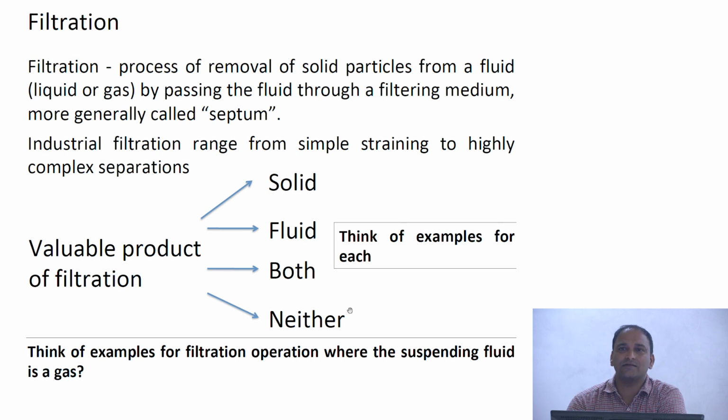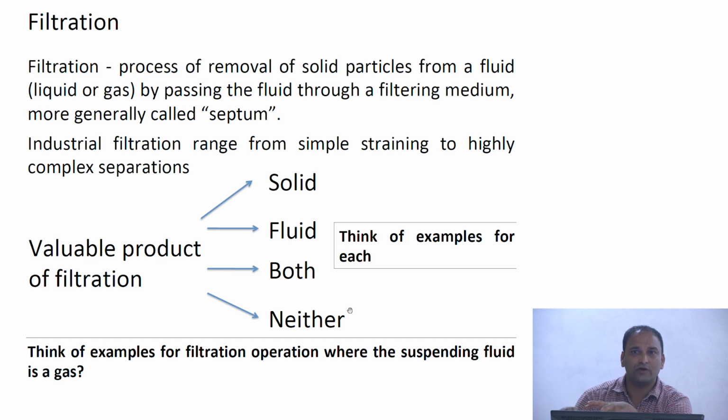Of course you may have cases where, say, an industry has a waste sludge where neither the liquid nor the solid is useful to them, and they want to use some after-treatment methods. But if that after-treatment method requires removal of both the liquid waste and the solid waste, they may have a separate process for each of them to dispose.